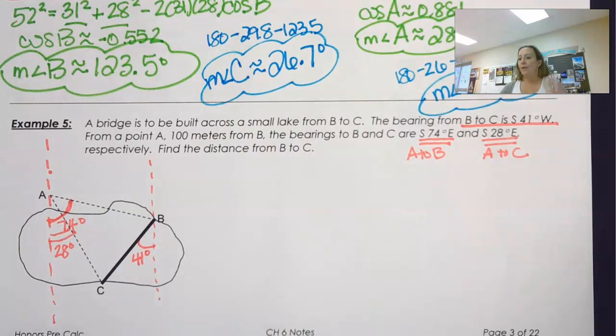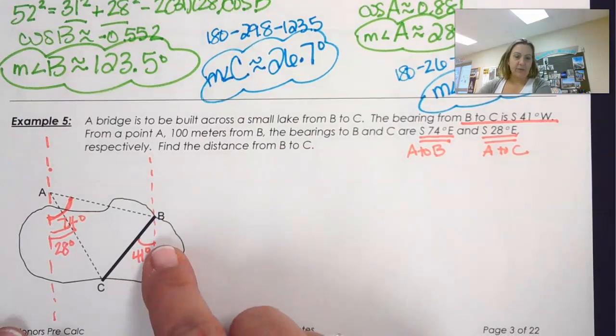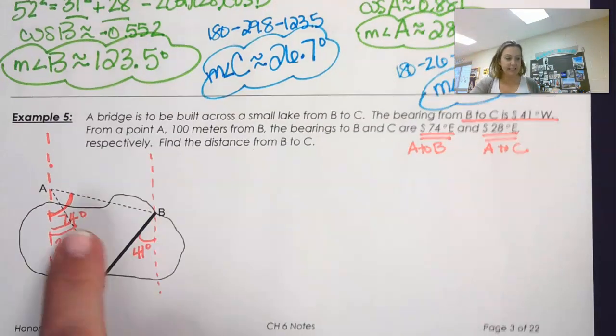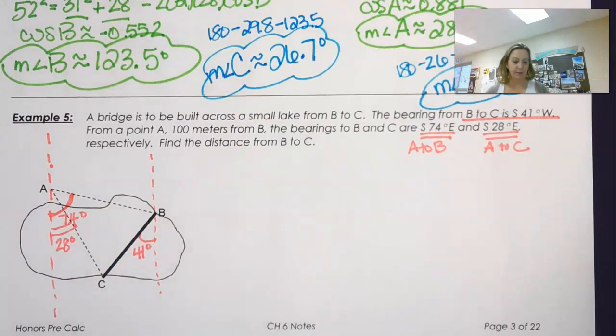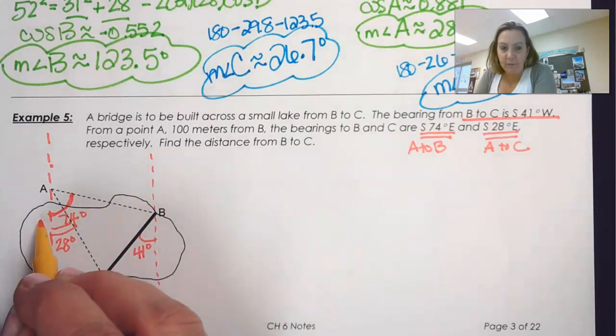Okay. Well, our goal, you guys, is to find the distance from B to C. And notice that B to C is part of that triangle, ABC. So what we want to try to do is find as many angles as possible that are in the triangle. One very easy one that we could do is find this one. We know that this angle is 74.